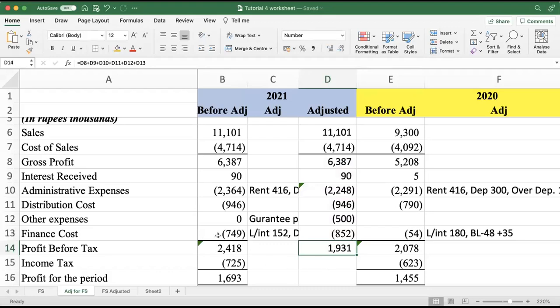Before the adjustment, profit before tax 2,418. After the adjustment, profit before tax 1,931.